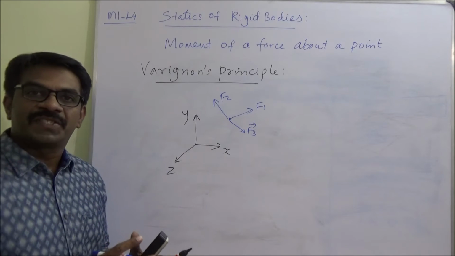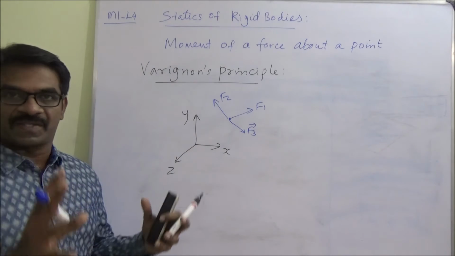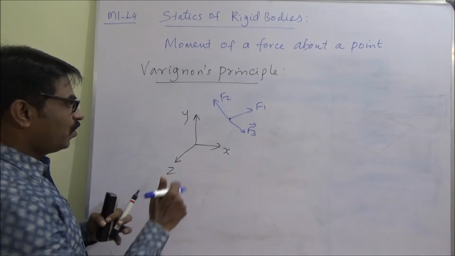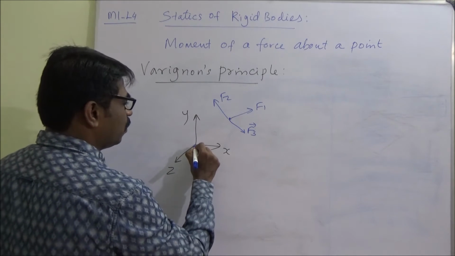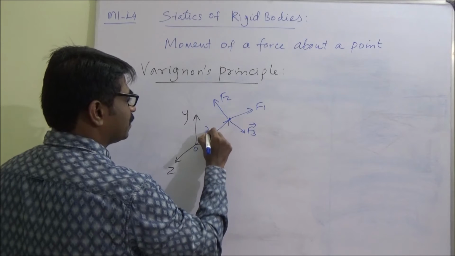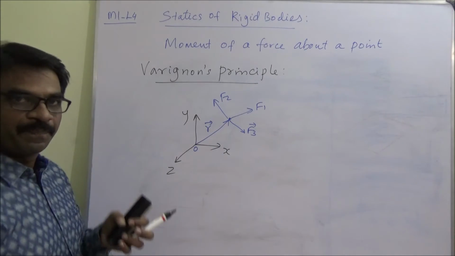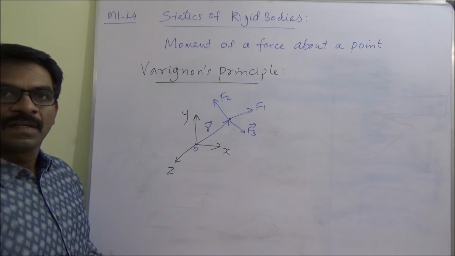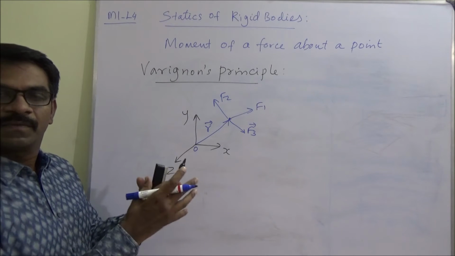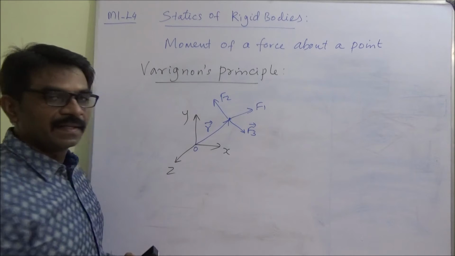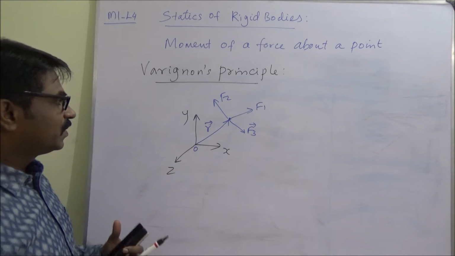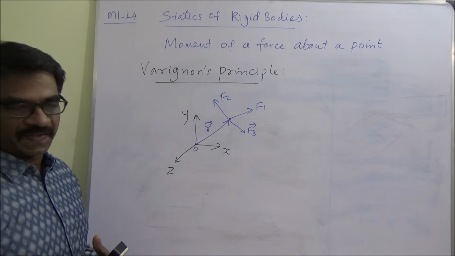These three forces may be acting in space. It is not a planar force, it is in space. Now from the reference, this is going to be the position vector. These concurrent forces acting at this point will have a resultant. We know that. So what does this Varignon principle say?